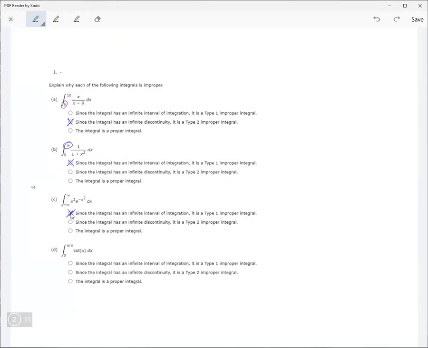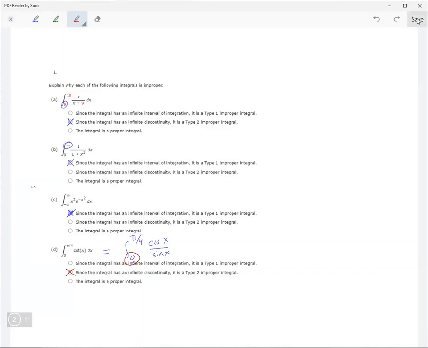This one, cotangent x is the cosine of x divided by sine x, and when you plug in the lower endpoint, you get a 0 in the denominator, so it's a type 2 improper integral. So all of those were improper integrals.